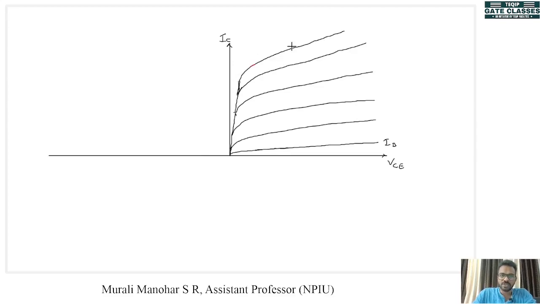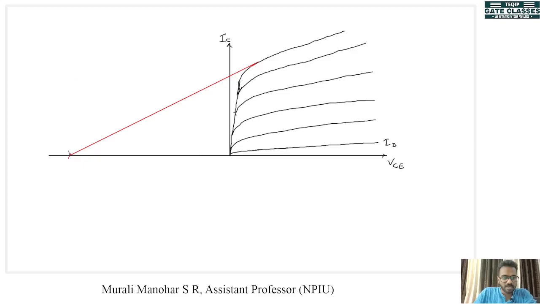We also know that it has an exponential portion here. After that, this becomes a straight line. If we extrapolate this straight line, it will intersect with the x-axis at this point.